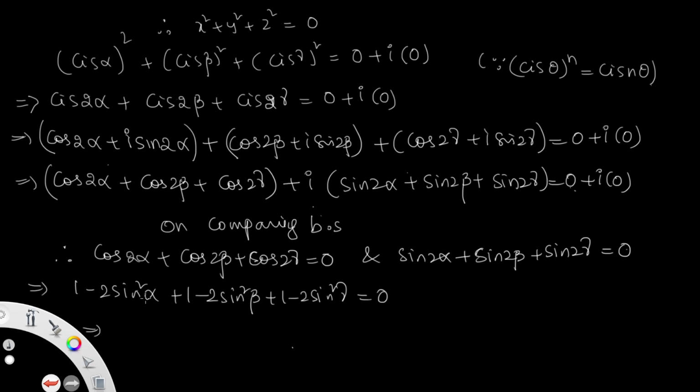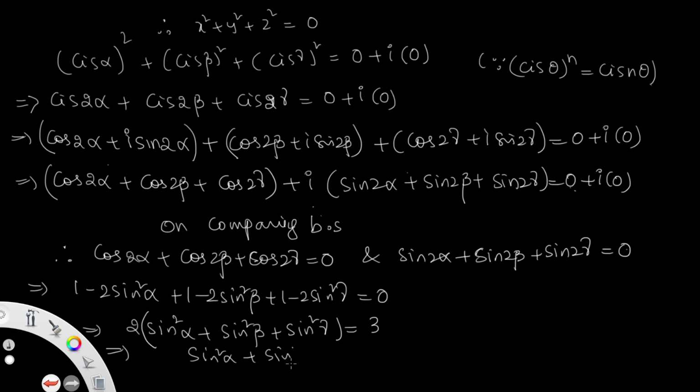Sending those to that side, 1 plus 1 plus 1 equals 3. So 2 sine square alpha plus 2 sine square beta plus 2 sine square gamma equals 3, taking 2 common. That implies sine square alpha plus sine square beta plus sine square gamma equals 3 by 2.